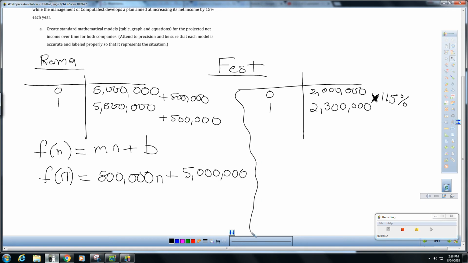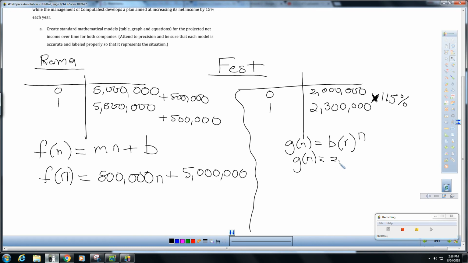Fest is geometric growth. If you remember, geometric growth, or exponential growth, I should say, geometric patterns. Well, that is g of n, I'm just writing it as a different function, g, is equal to b times r to the n power. So where do we start?